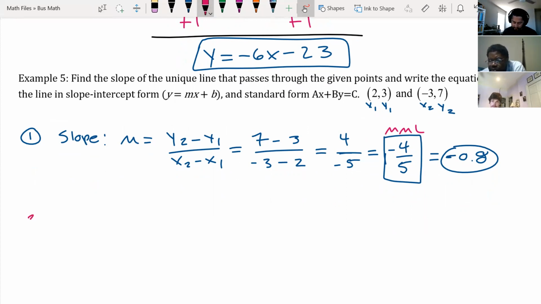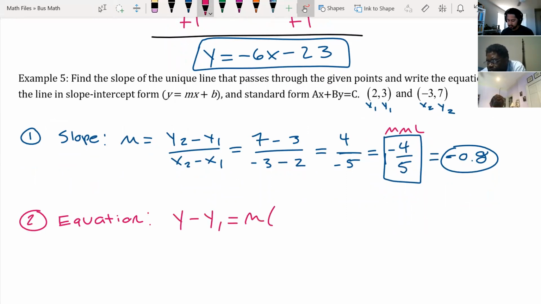So step 2, let's go ahead and find the equation using the point slope formula. Y minus y1 equal to m times x minus x1. And we're going to get y minus y1, which I labeled already up there.